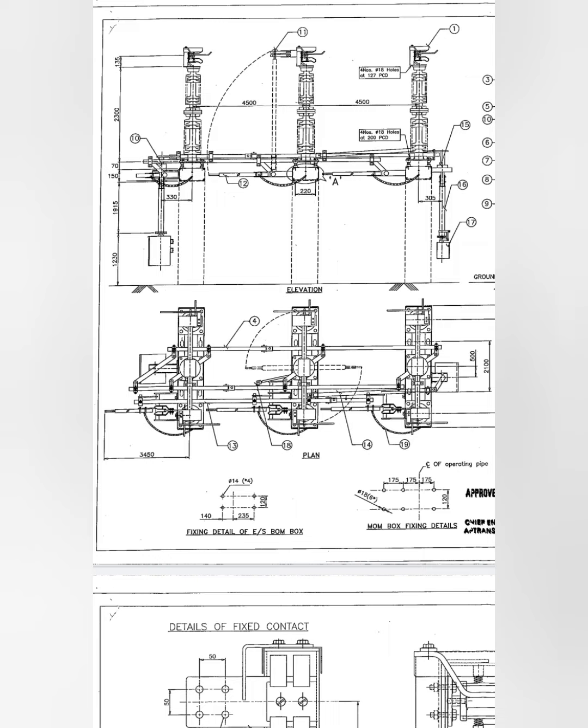So for the earth switch also the same set of operations will be carried out like an isolator. This also operates combinedly for all the three phases at a time, which means it closes all the three phases at a time and opens all the three phases at a time.